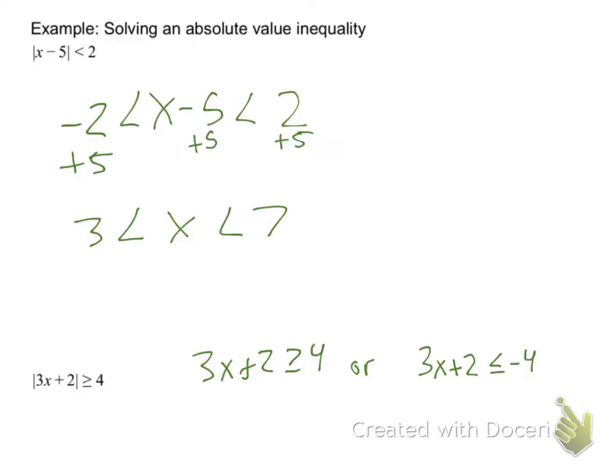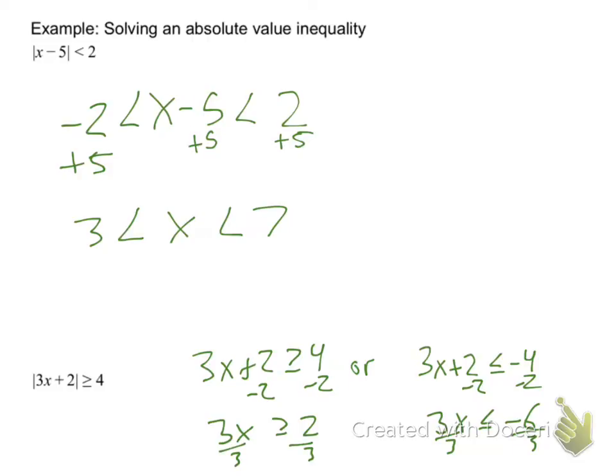And then solve these individually. The cool thing about solving these individually is that the same steps are involved. Subtract 2, divide by 3. So subtract 2, happens to be straight across the board, so 3x is greater than or equal to 2. 3x is less than or equal to negative 6. Divide by 3.